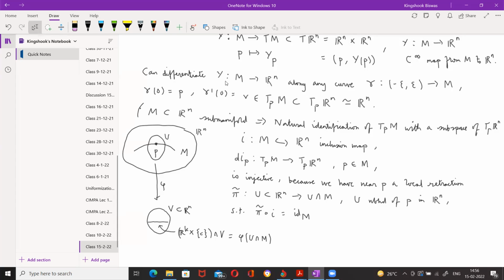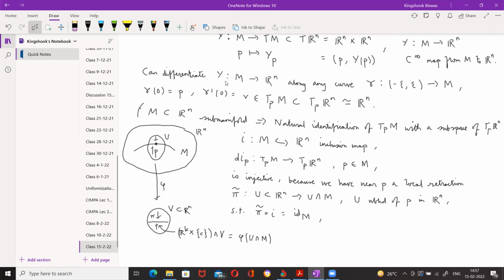Yes? Right. So therefore, over here I have a natural projection, just the projection to the first k coordinates. So here I have this projection pi. And what I can do is pull back this projection by the chart phi to get a projection here, pi tilde.